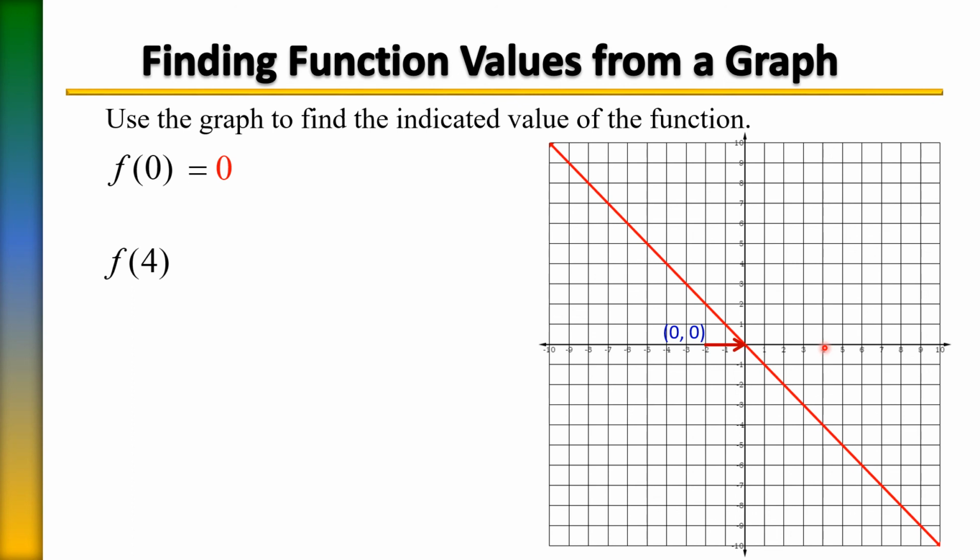So to get there, I need to go 1, 2, 3, 4. That point or position is (4, -4), which means that my output, my y value, is -4. So therefore, f of 4 equals -4.